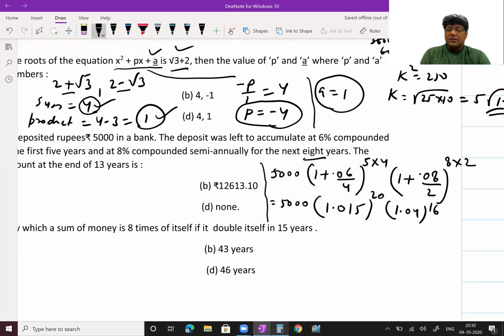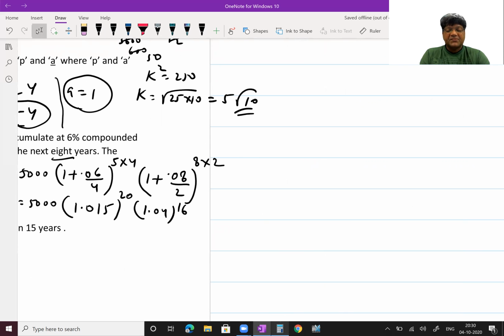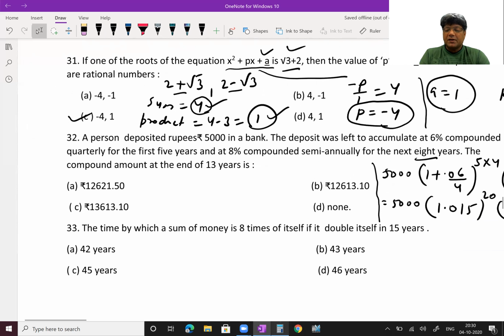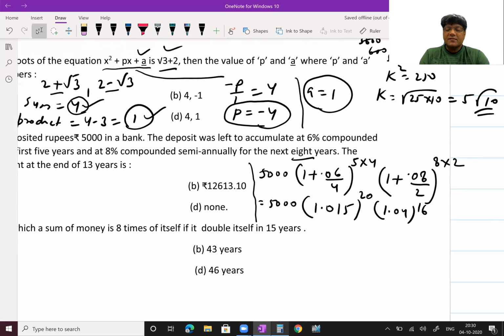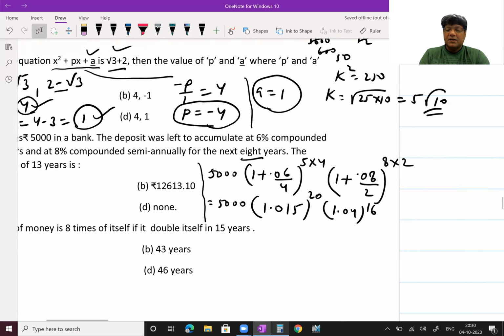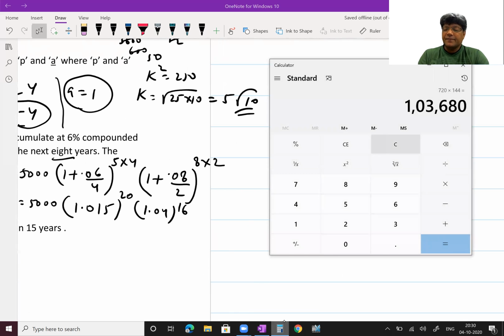Okay. So guys, we'll have to use a calculator. My gosh, so much big calculation. Similar for the next 8 years, 13 years. Okay, no option, we'll have to calculate only, guys.